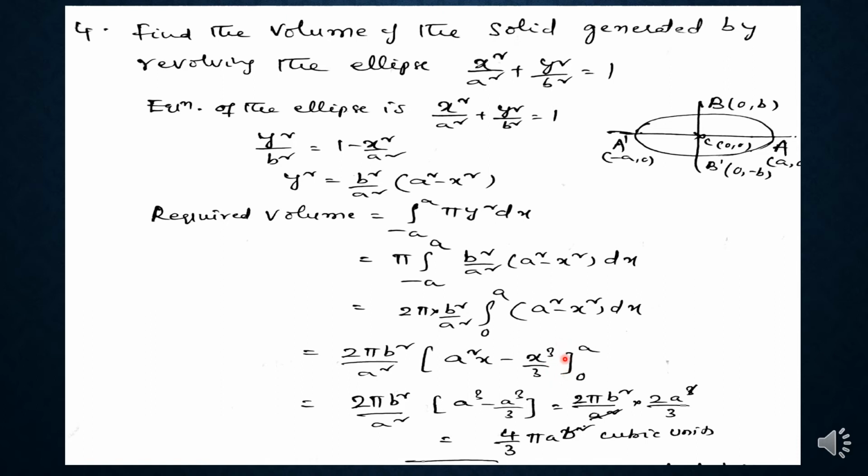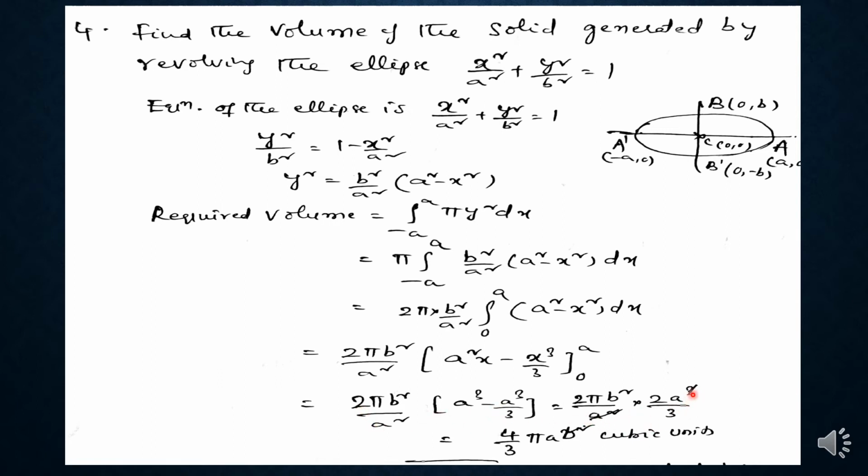Now substituting the upper limit, x equals a, it becomes 2 pi b square by a square into a square into a, that is a cube, minus a cube by 3, which is 3a cube minus a cube, that is 2a cube by 3. So 2 pi b square by a square into 2a cube by 3.